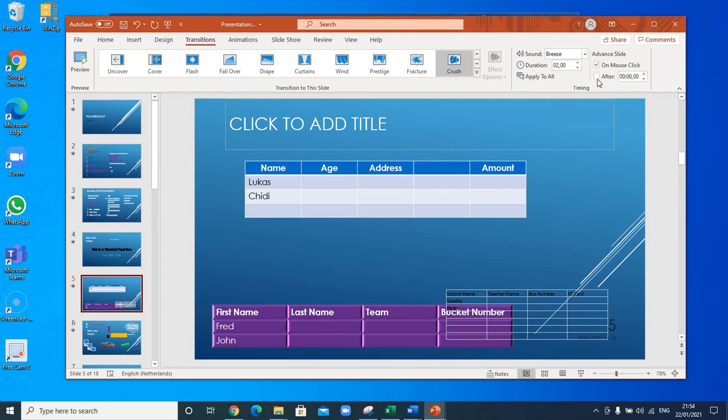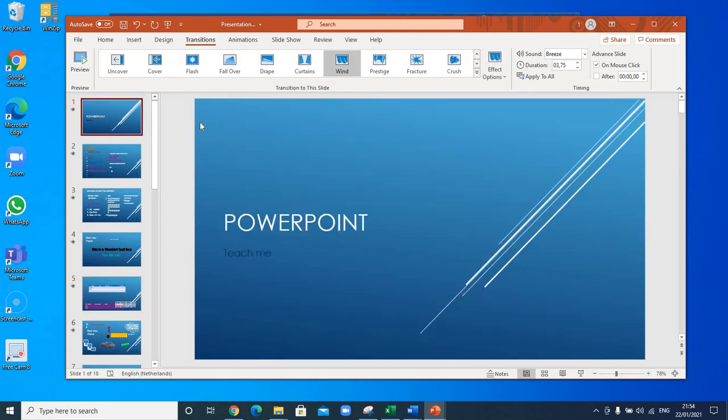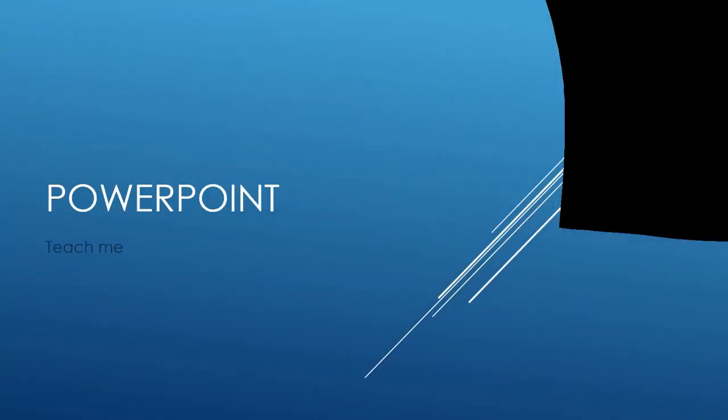One more thing we can do is try the automated part by saying we want to control the timing. So after 5 seconds, it should go from one slide to another without us clicking the mouse. This time I will not be clicking the mouse. I will go to slide 1 and start the presentation. Now I'm not holding my mouse.